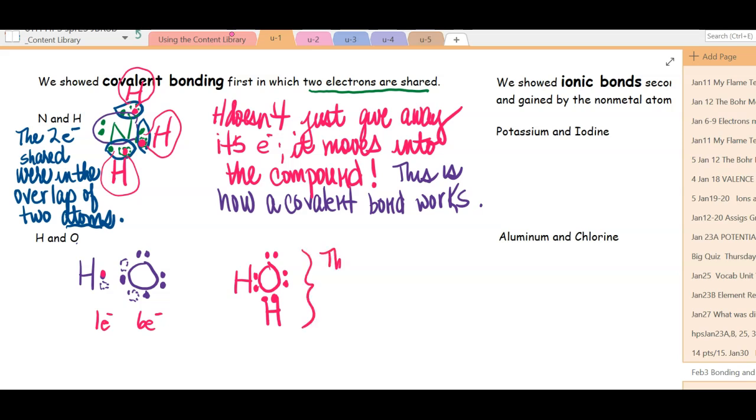So the 8 electrons, 1 from each hydrogen and 6 from the oxygen.